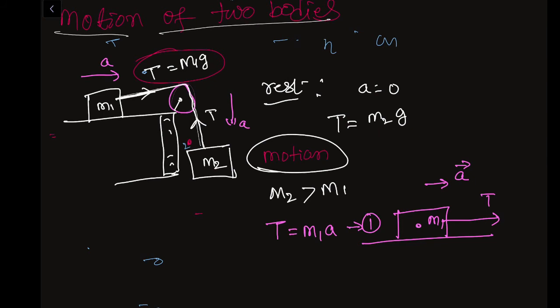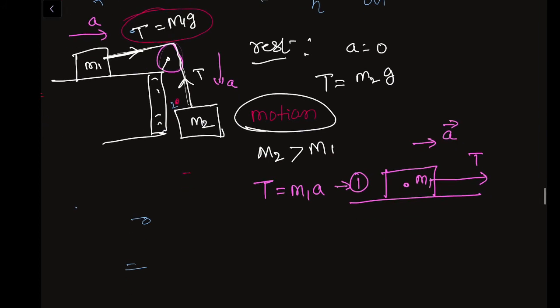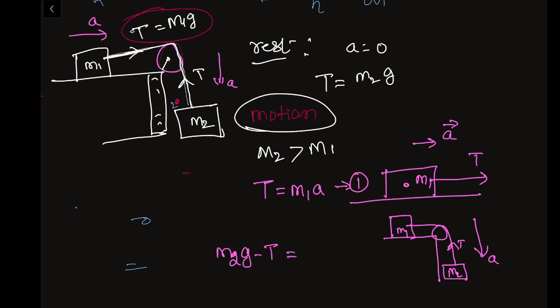Then for the M2 body, here M1, here M2. Because M2 has greater mass, the body moves downward. So we have to write M2G, minus tension: M2G minus T is equal to mass of the body into acceleration.